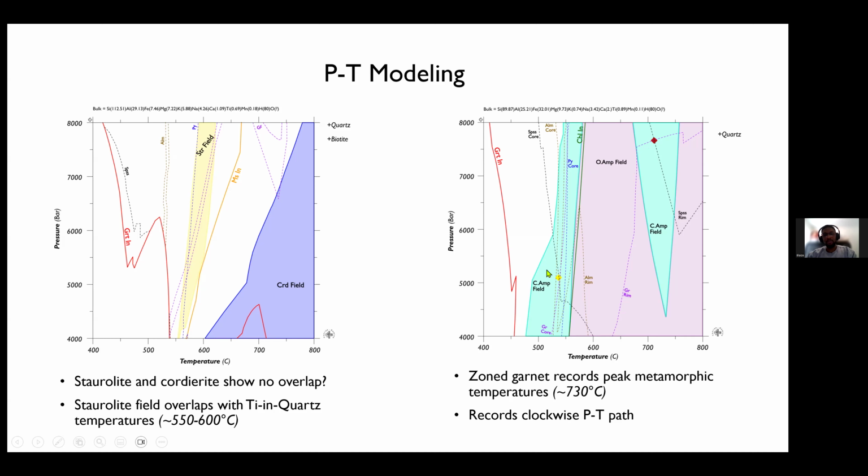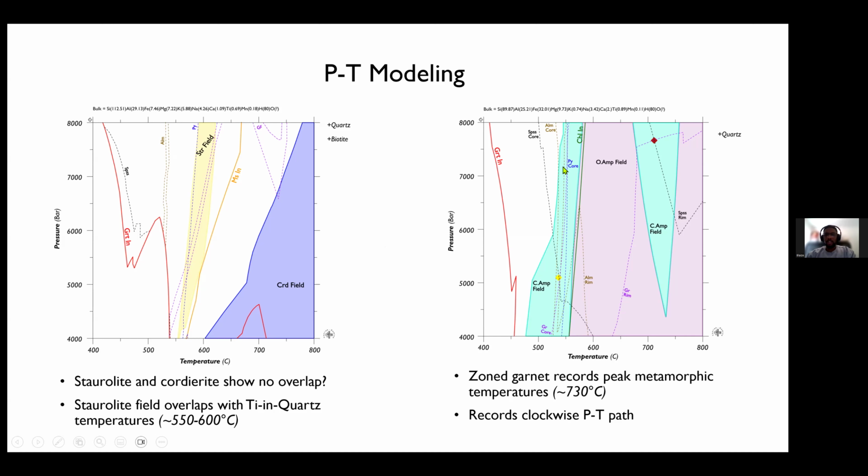So we can use this to learn something about metamorphic conditions as well. Based on the rim compositions, we can say that this garnet experienced peak metamorphic temperatures somewhere around 730 degrees C, which overlaps nicely with the stability field of our cordierite. That also overlaps nicely with the temperatures that we're getting from the titanium in biotite data.